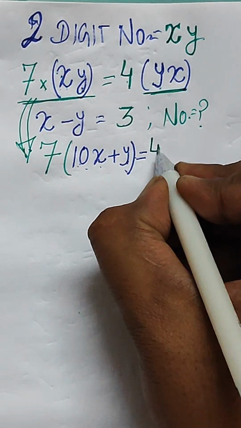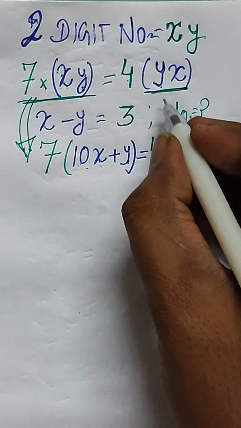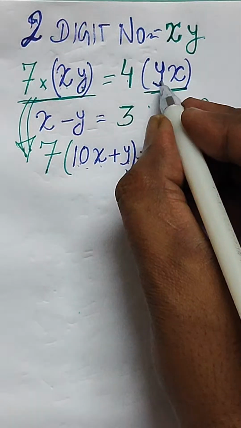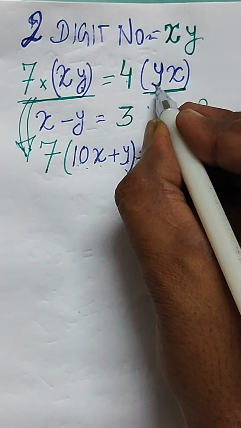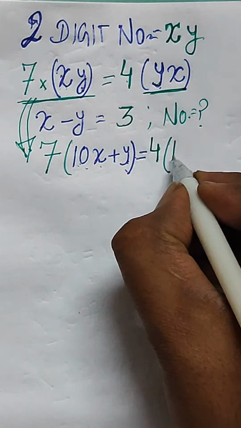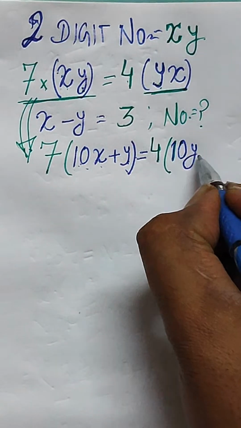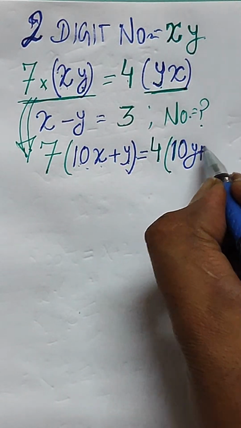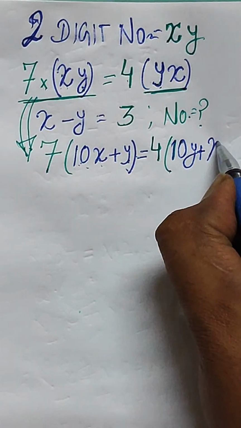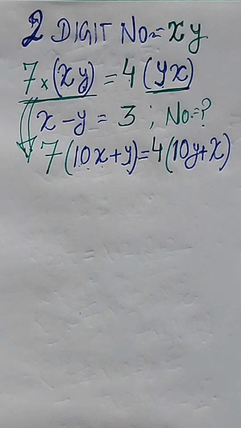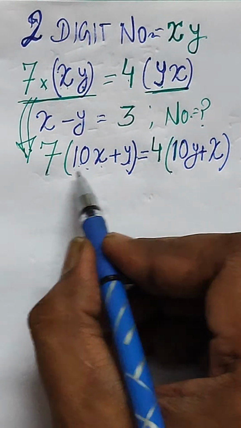That means 4 times, at the 10th place y is present, so we can write it 10y plus the ones place, that is x, right? Now just solve it.